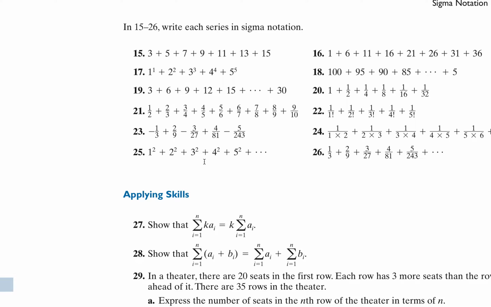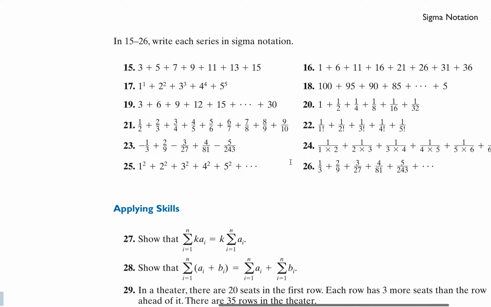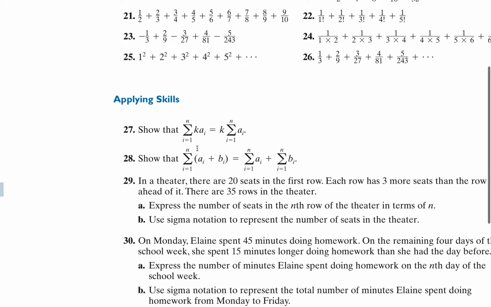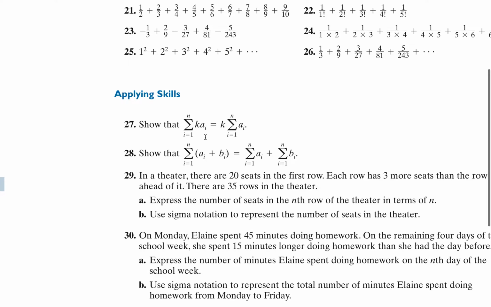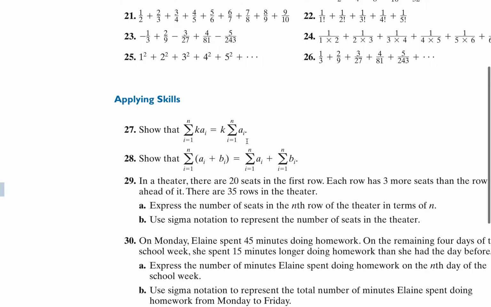Now, question 27. Show that the sum from i equals 1 to n of k times ai equals k times the sum from 1 to n of ai.